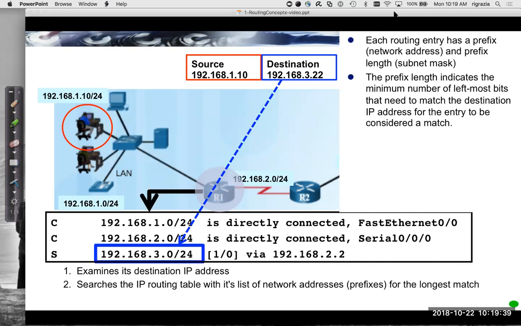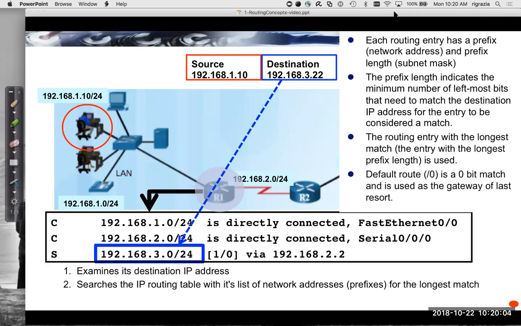In this case, 24 bits must match between the entry 192.168.3.0 and this destination IP address 192.168.3.22. When there are several matches, the routing entry with the longest match, that entry with the longest prefix length, is what's going to be used.